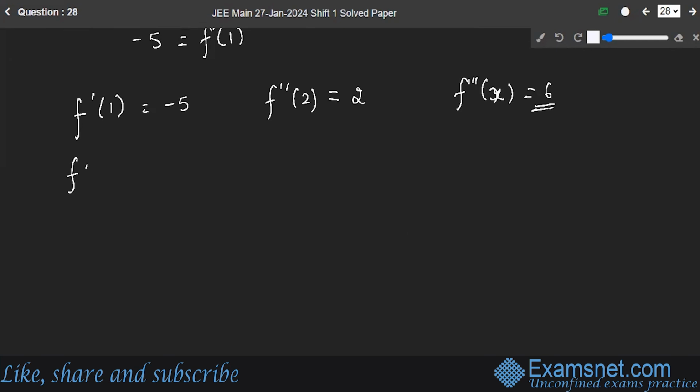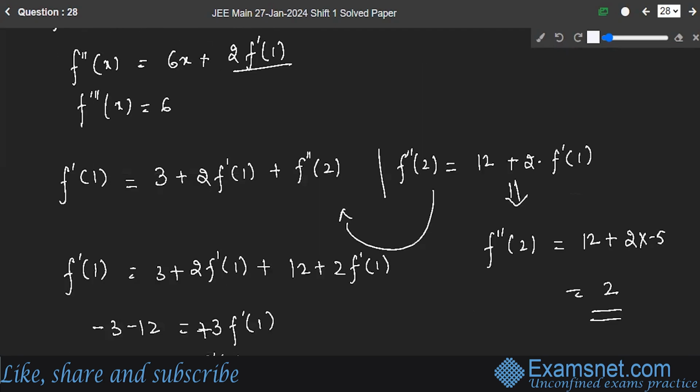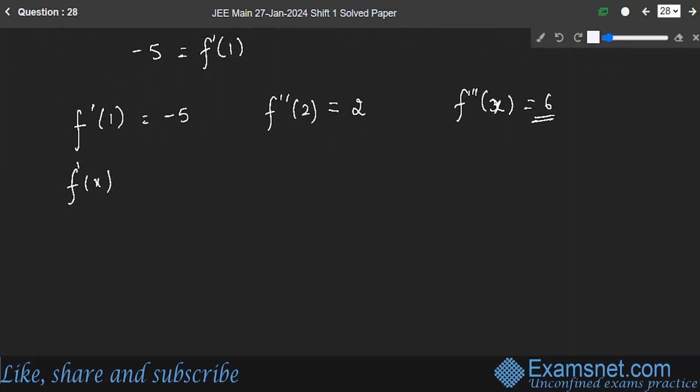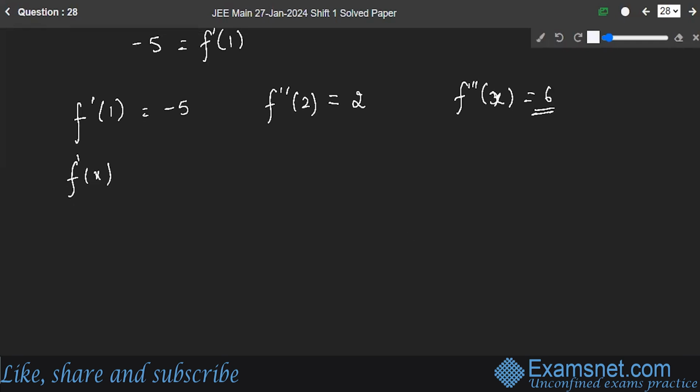Now, let's get back to your f dash x. I have to find out f dash 10, right? So let's get back to our f dash x. That was equal to this. Let's fill in. F dash x is equal to 3x square plus 2x f dash 1 plus f double dash 2.